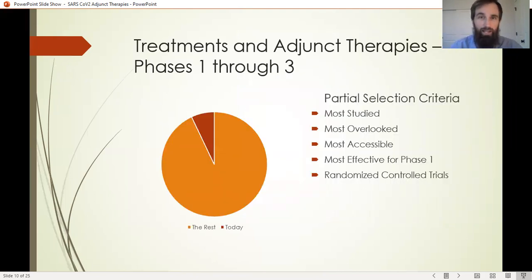Moving on to the treatments and adjunct therapies. As a whole, we talked about phase 1, phase 2, and phase 3, and that's just related to symptoms, to how much oxygen you're needing. And how much oxygen you're needing is related to how effective and productive your lungs are at ventilating. How much are they able to absorb the oxygen through diffusion and get the carbon dioxide out through exhaling?